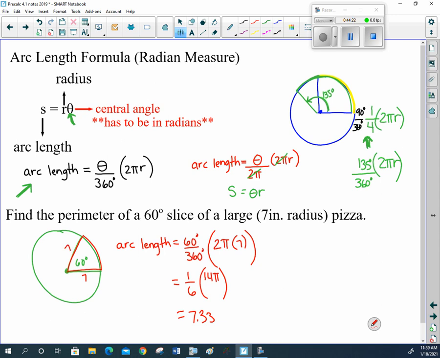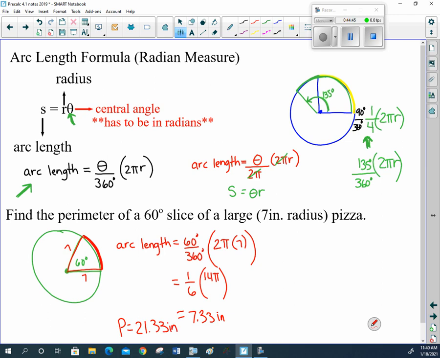And all the sides would be 7. But since this is on the curve over here, we know it's probably going to be a little bit bigger than 7. So the arc length is 7.33 inches. That means my perimeter is 21.33 inches.